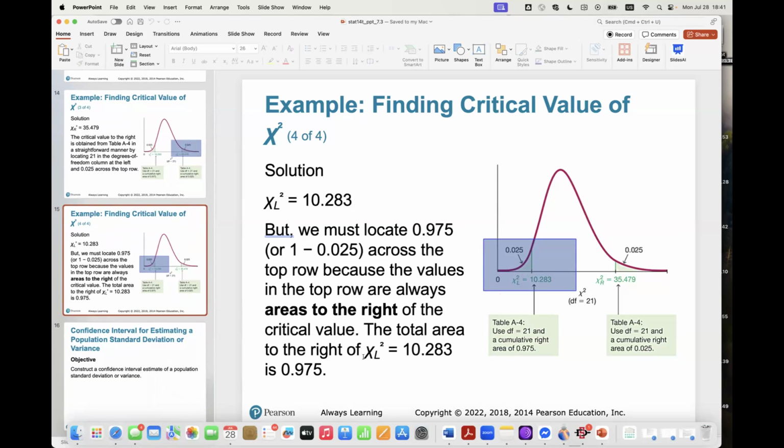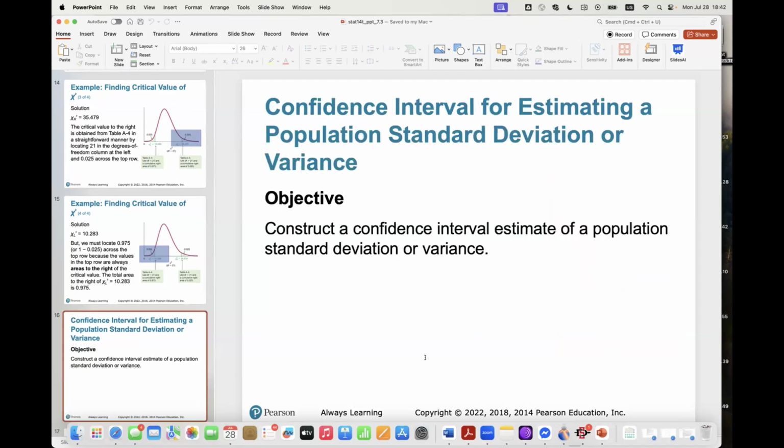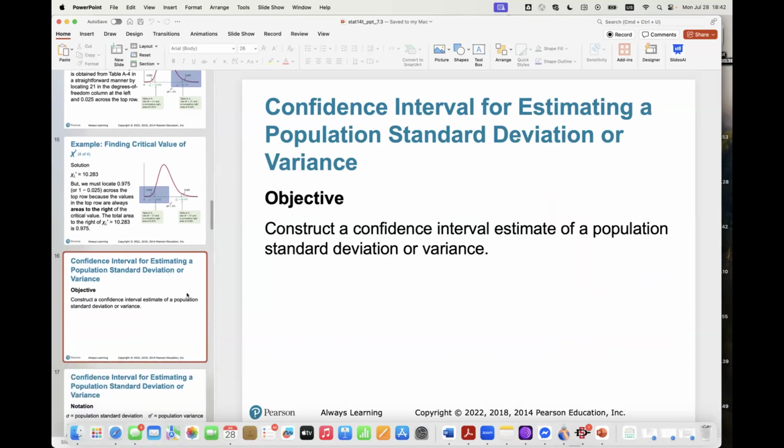You can use the degrees of freedom and also the number 0.975 to get chi-square L equals 10.283. Are we good, everyone?